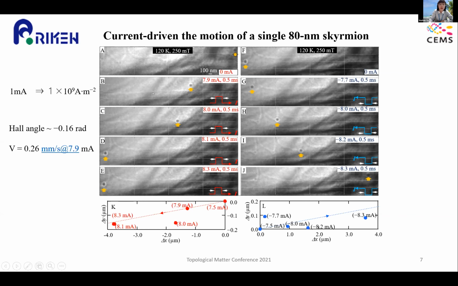And in the left panels, the current flows from the left side to the right side. When we reverse the current, you can clearly see reversible motion of the single skyrmion from the left side to the right upper side.